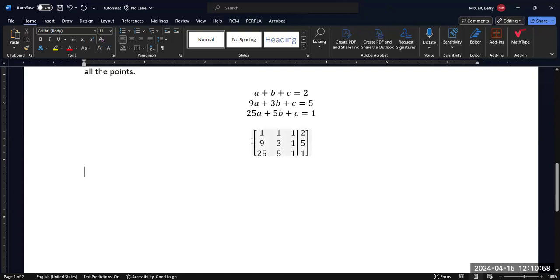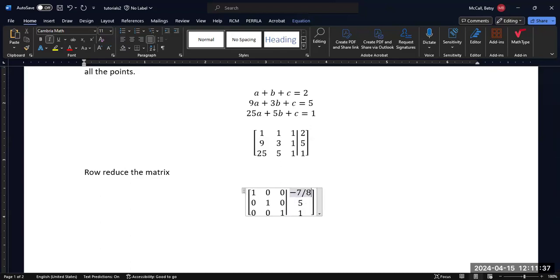And the result of row reducing, I'm going to end up with, so I went to reduced echelon form since I was using technology rather than trying to back solve.